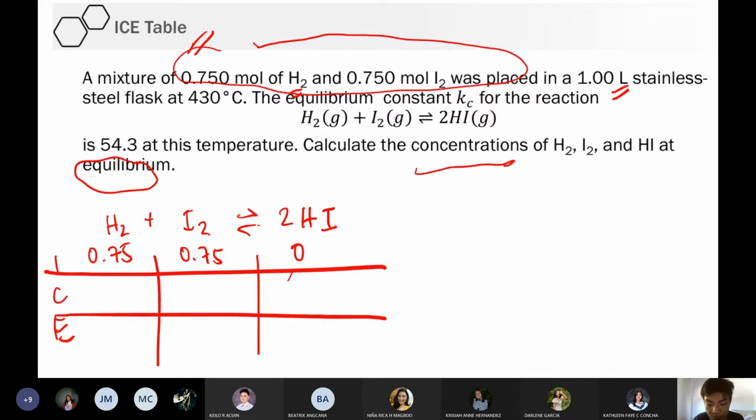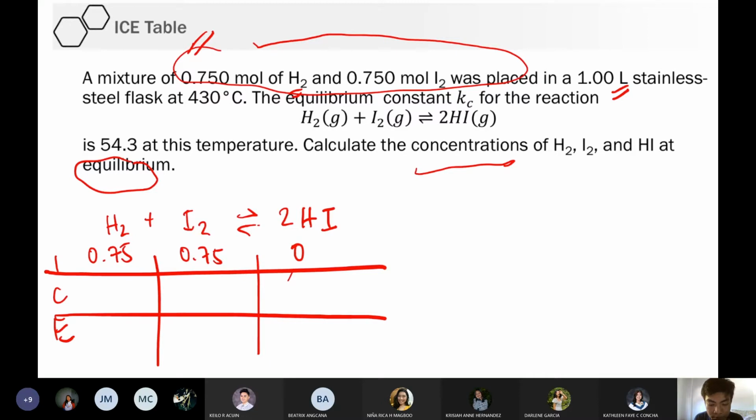On our problem here, the zero is on the right side, so the reaction must proceed to the right side. You just look for the zero first, then where the zero is, the reaction is going there.